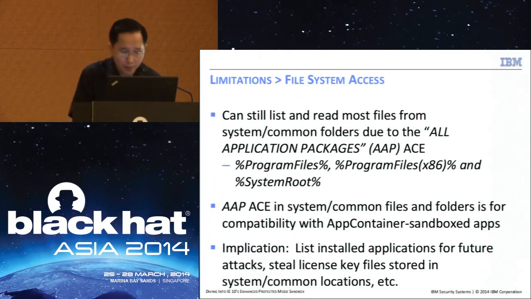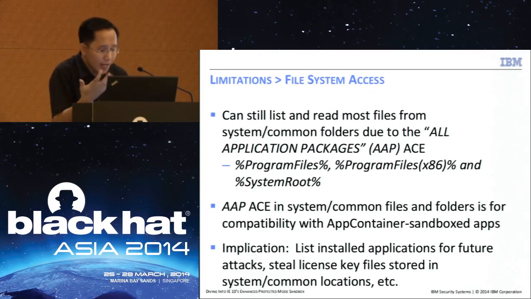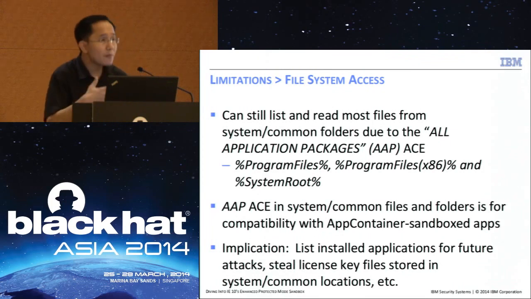So in the file system, the sandbox process can still list and read most files from system and common folders because they have a read access ACE for all application packages. The reason for the all application packages ACE in system and common resources is for compatibility with app container sandbox applications.